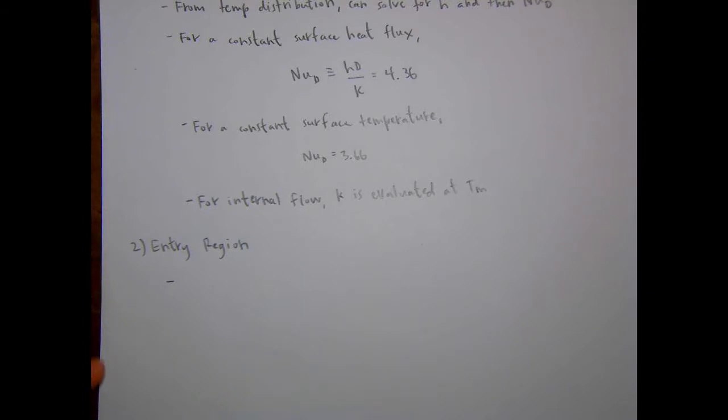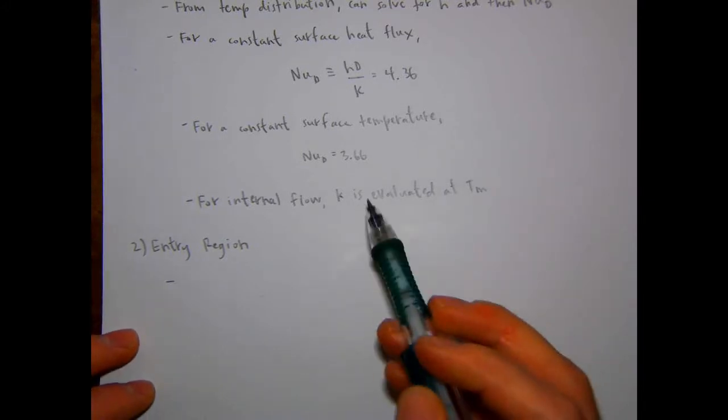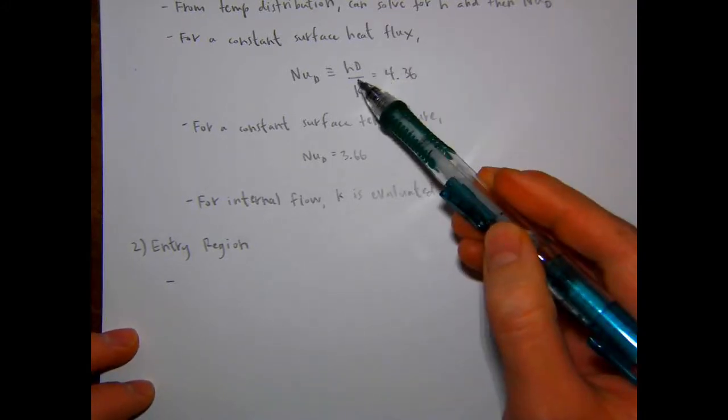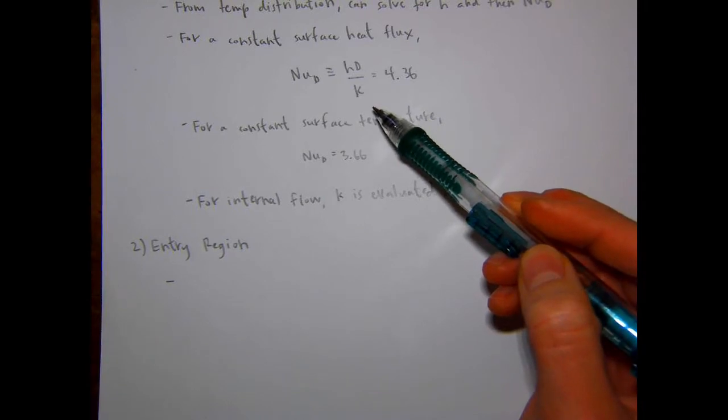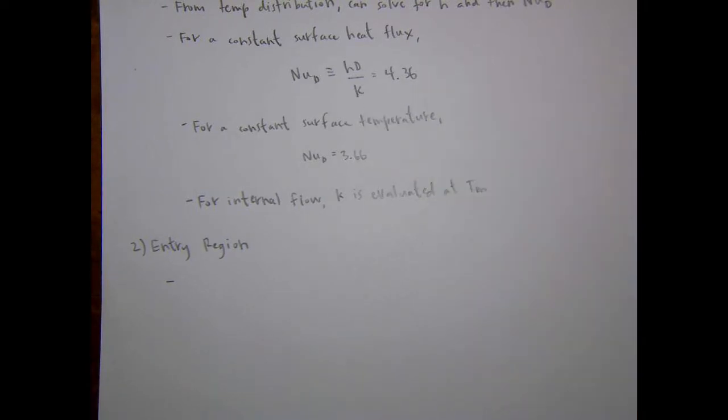So my question was, T sub m changes with cross sections, right? So is k evaluated at like T sub m bar? Yeah, great question. So yes and no. If you are evaluating the local h, then it's just T sub m at that cross section. If you're evaluating the average h, then it's the average T sub m between the inlet and the outlet.